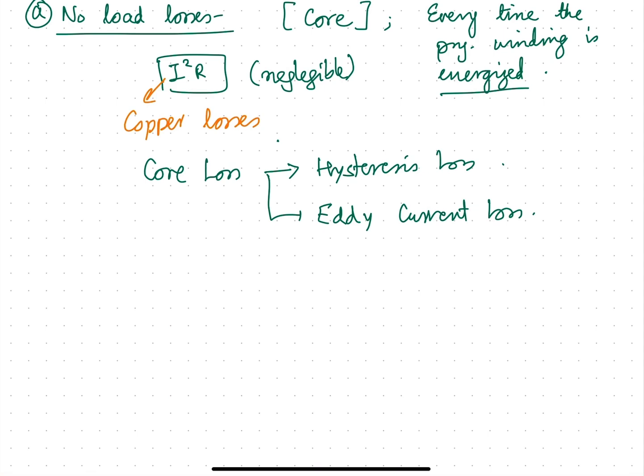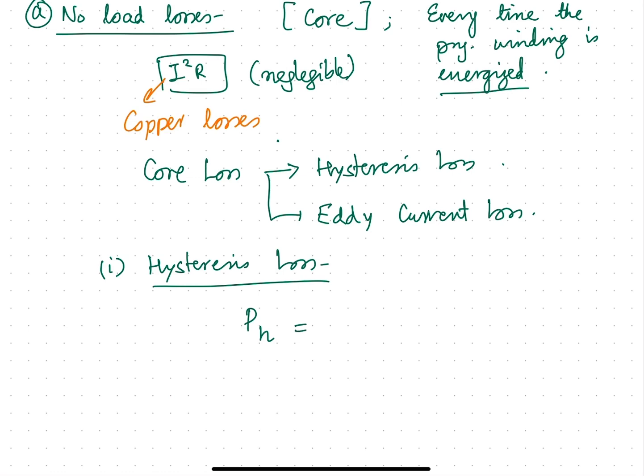Now, for hysteresis loss, hysteresis is due to the magnetization and the demagnetization of the core. We have discussed in the beginning that this cycle leads to the formation of a hysteresis loop in the curve, right? So this loss, the hysteresis loss, you would have studied in your machines course as well.